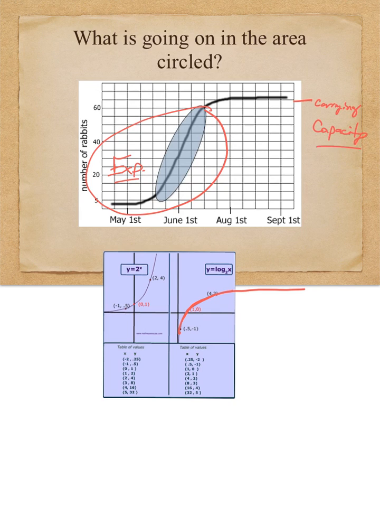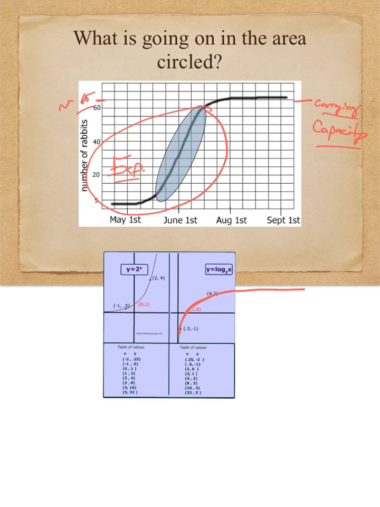That's the line. That's the number. So let's see, here would be about 65, right? So that would be about 65 rabbits. This environment can hold about 65 rabbits. That's the limit. It can't hold any more.